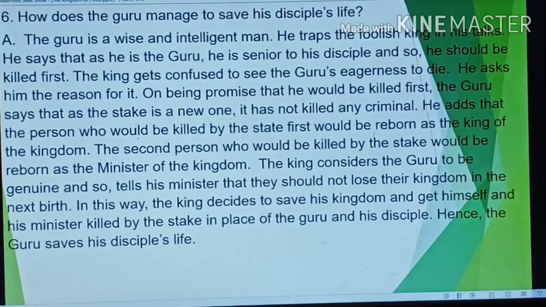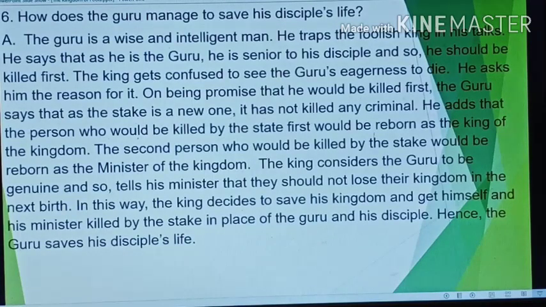On being promised that he would be killed first, the Guru says that as the stake is a new one, it has not killed any criminal. He adds that the person who would be killed by the stake first would be reborn as the king of the kingdom. The second person who would be killed by the stake would be reborn as the minister of the kingdom.